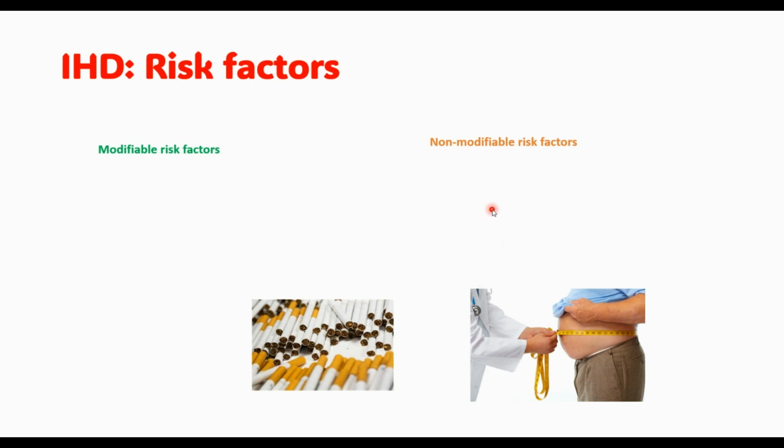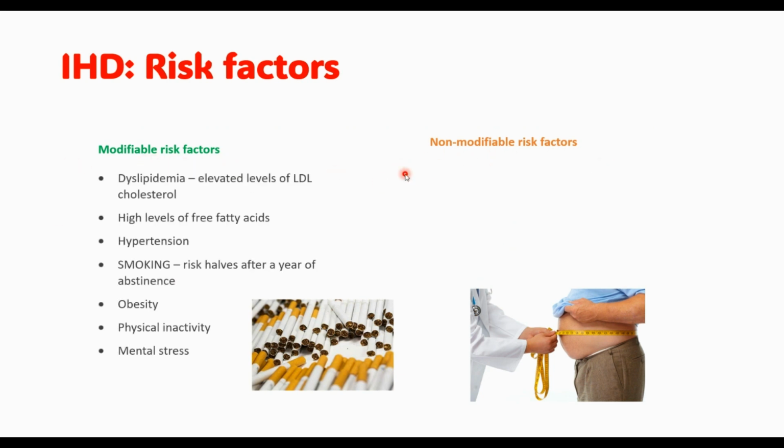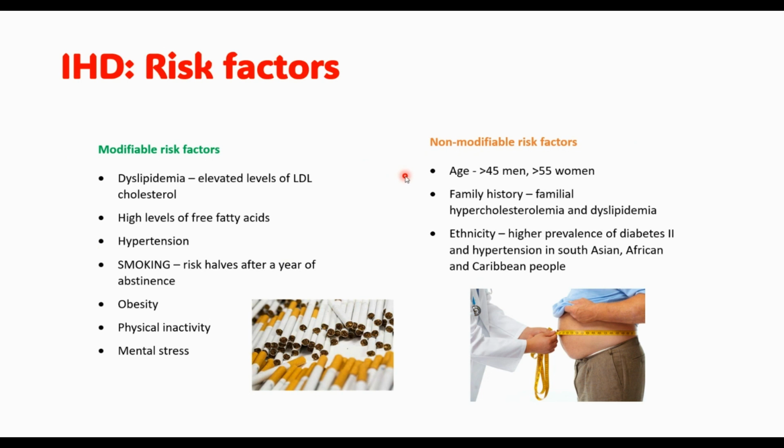And then I've just got another slide here to remind you of some of the modifiable and non-modifiable risk factors. Remember from the modifiable risk factors that smoking is the most important, and if you stop smoking, your risk of having a cardiovascular event such as a heart attack halves after a year of stopping. And then you also have your non-modifiable risk factors here.